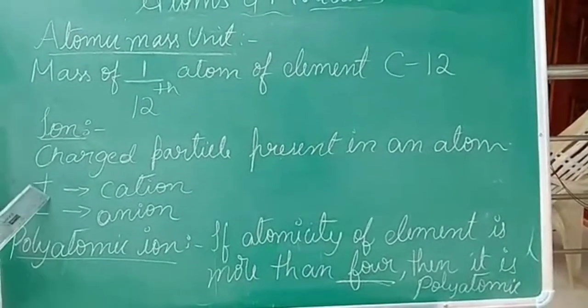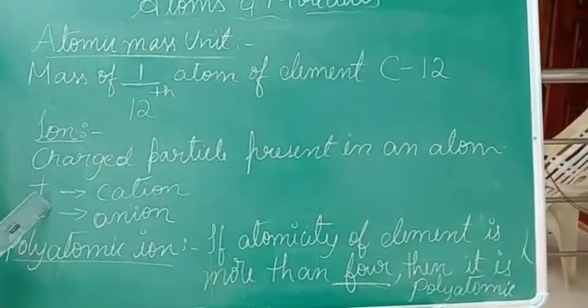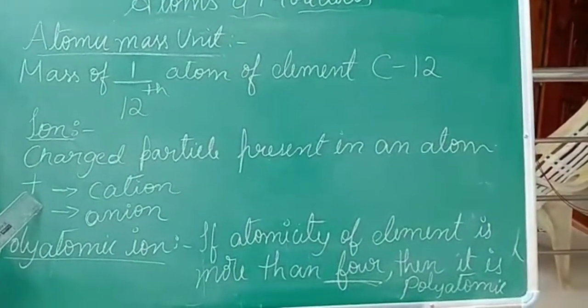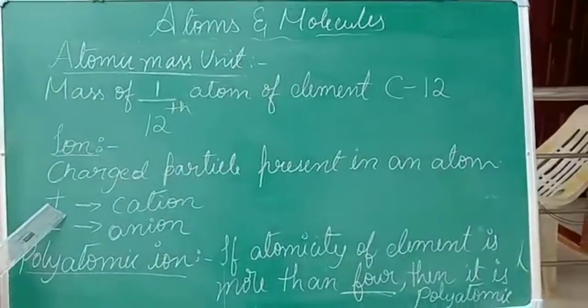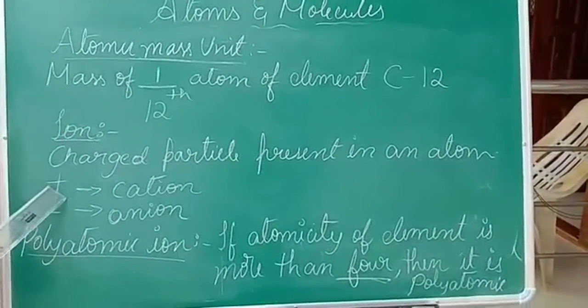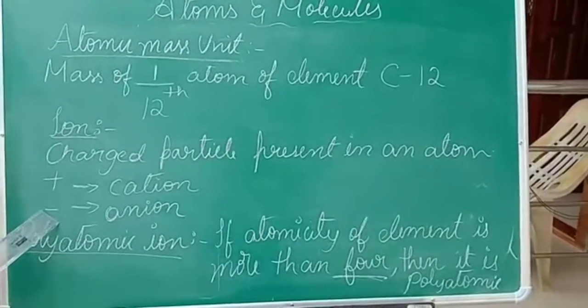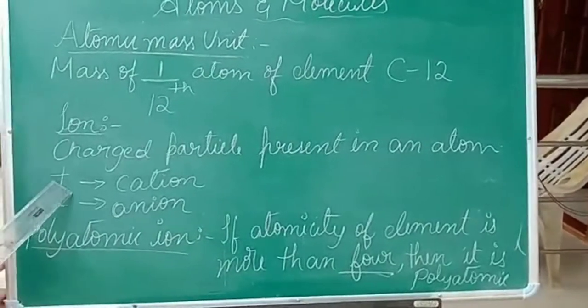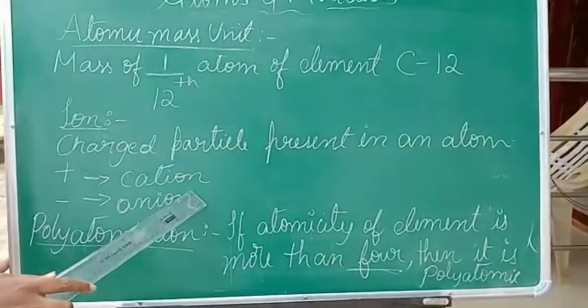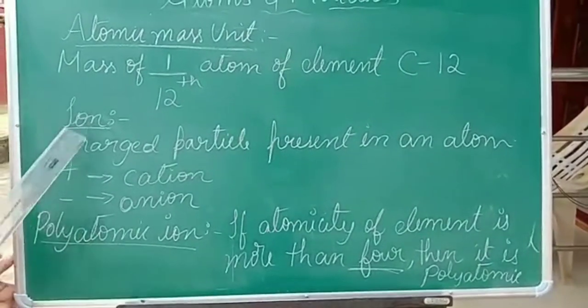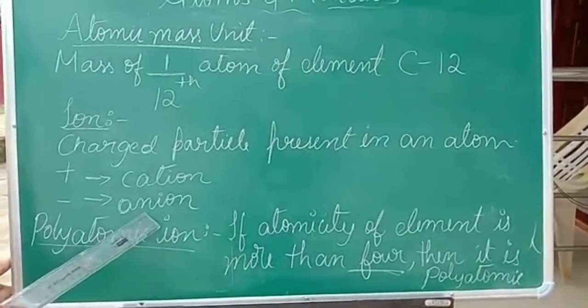The plus sign is a positive charge. This ion consists of two different charges, one positive and the other negative. The positively charged ion, that is plus charged ion, is called a cation, and the negatively charged ion, that is minus charged, is called an anion.